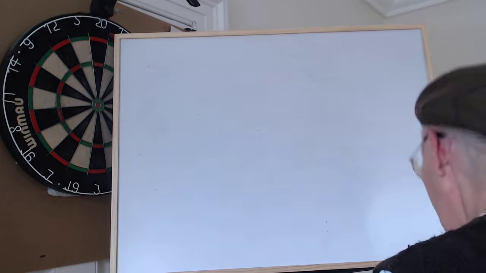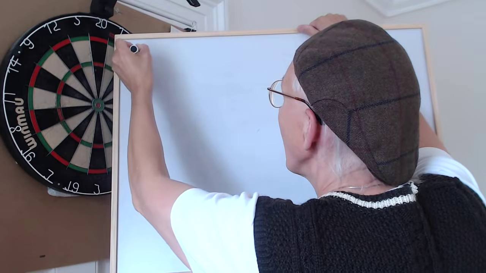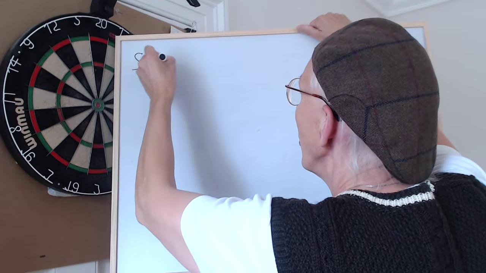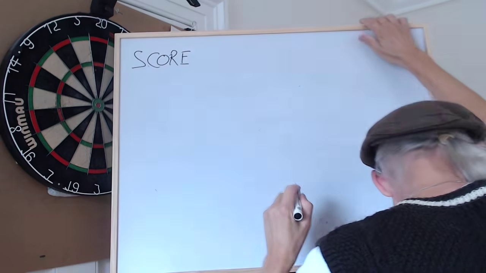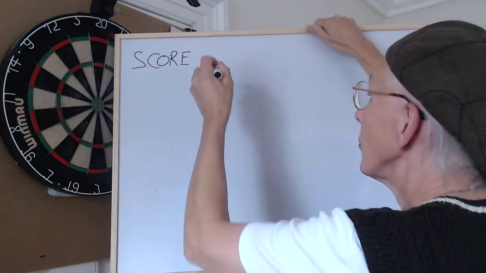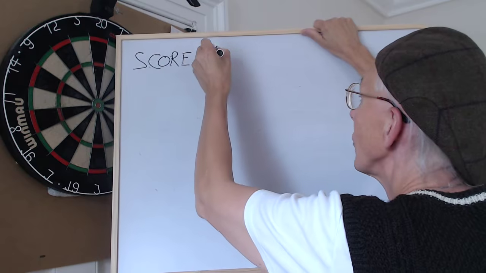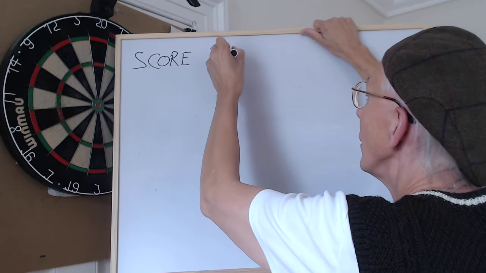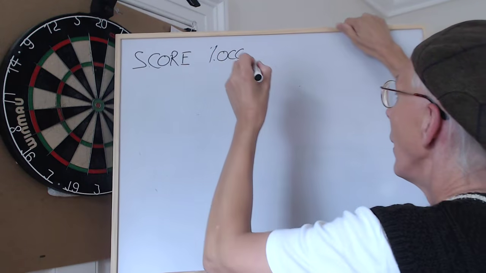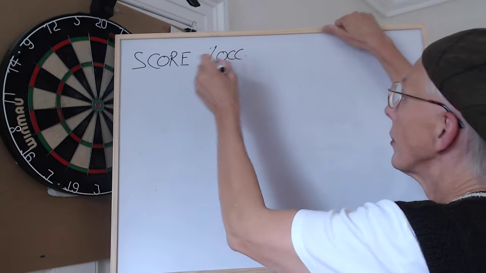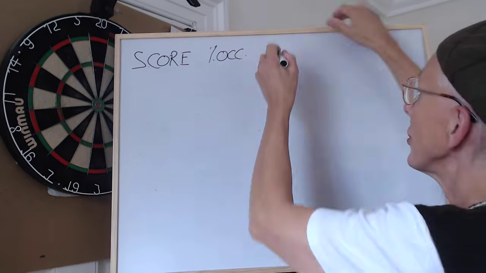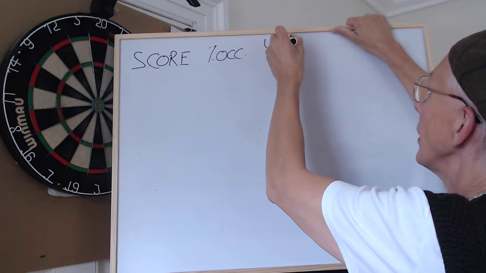Right. I want to make a table where I have the score and then Tony's chance of getting that. So how often does this occur? I also want to work out what weight does that give to Tony's average, okay? And you'll see what I mean by that in a minute.